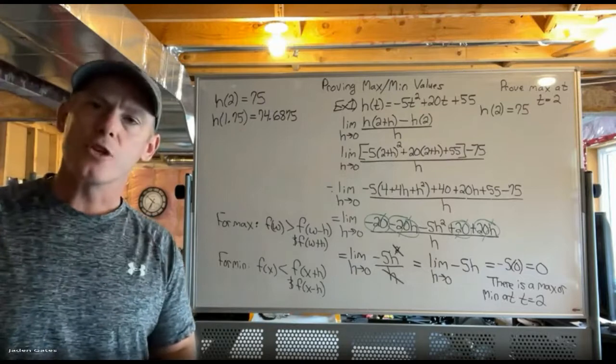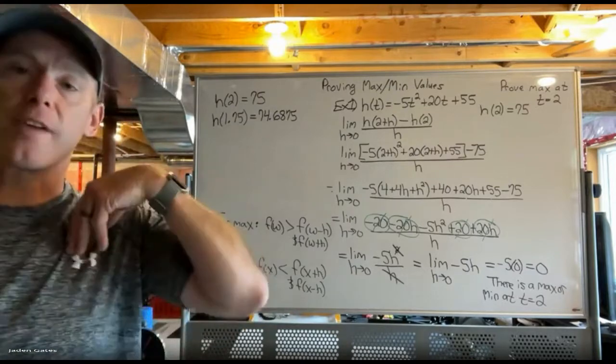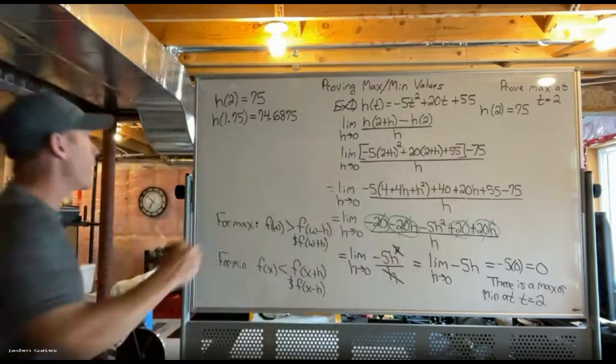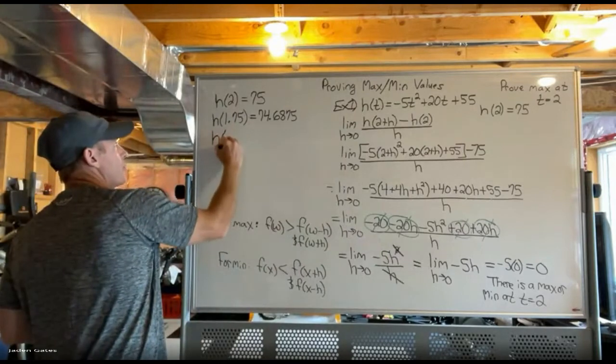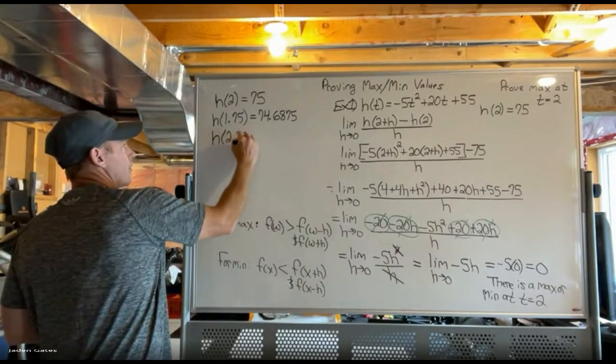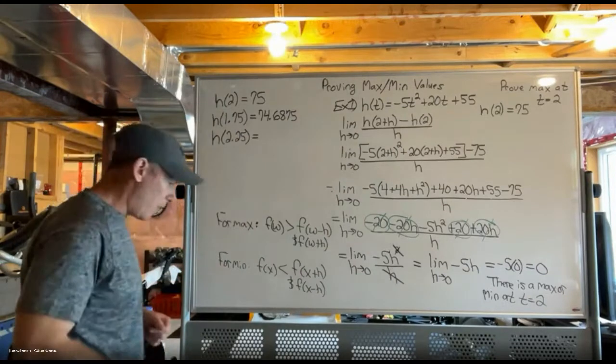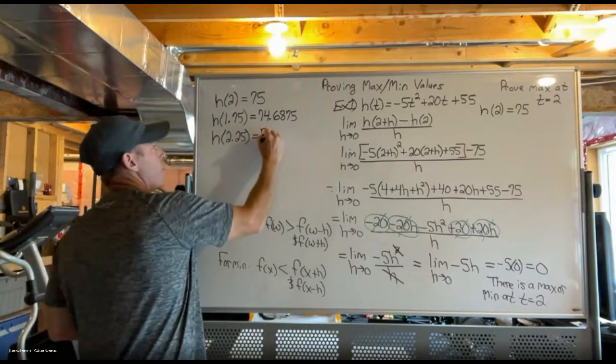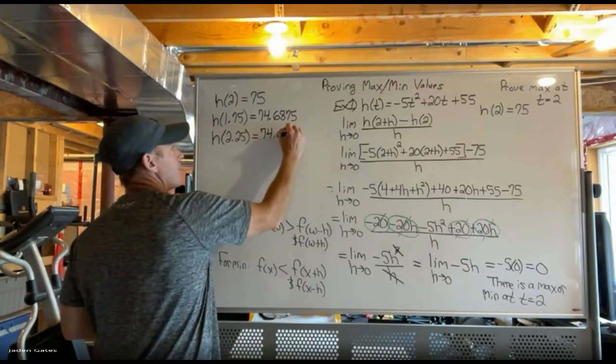Okay, so it looks like it's going to be a max, but I also have to check a value after t equals 2. So I also checked h of 2.25. And guess what? I got the same thing, 74.6875.